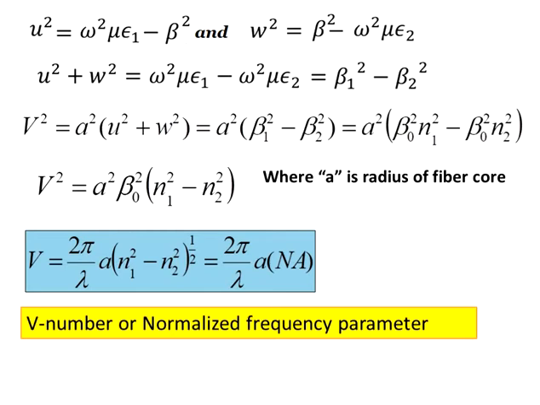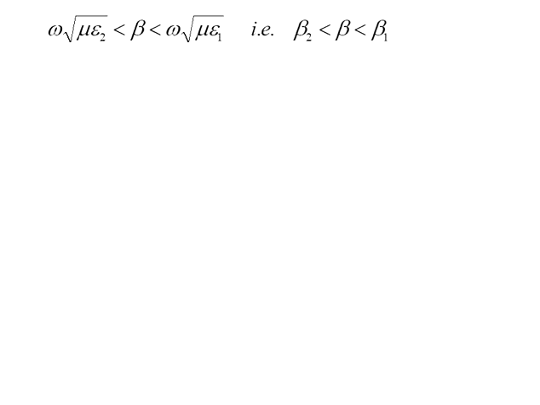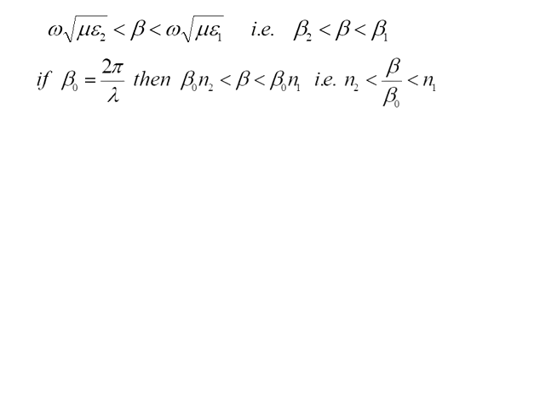Now that we know the V, let's look at what is this B. Now we found this bound on beta 1 and beta 2. If I define beta 0 as 2 pi by lambda, we can replace beta 1 and beta 2, and if I divide the entire equation by beta 0, I will get beta by beta 0 is in between n2 and n1.